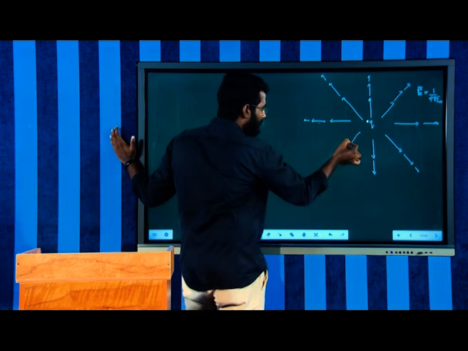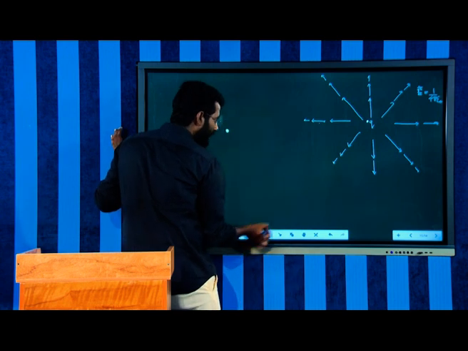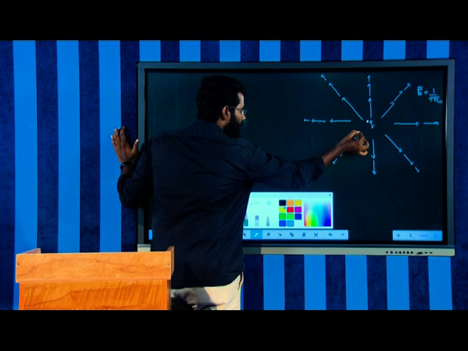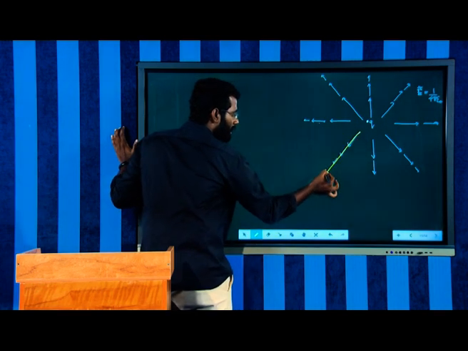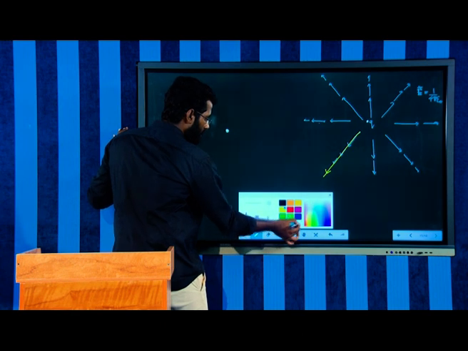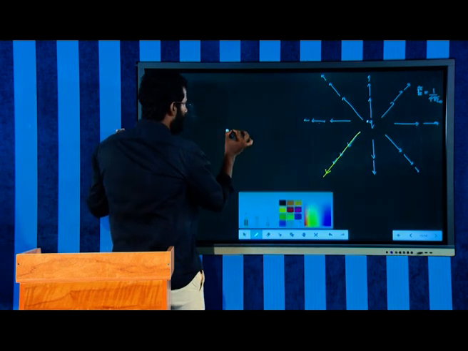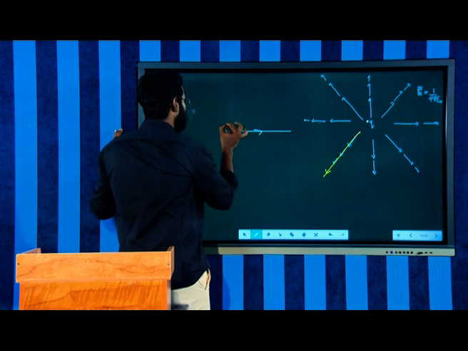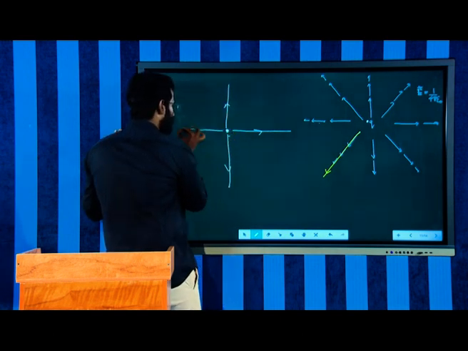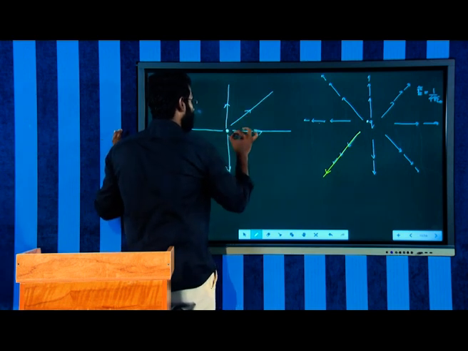Now, instead of these pieces, I am connecting them together, something like this, a single line with an arrow in the same direction. If I draw the same for here, the lines will be something like this, like this, like this.